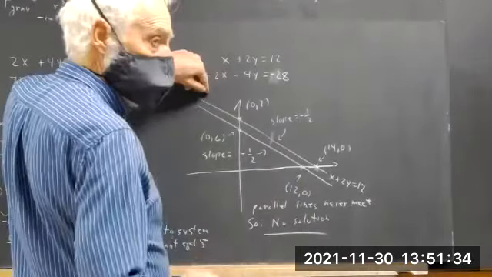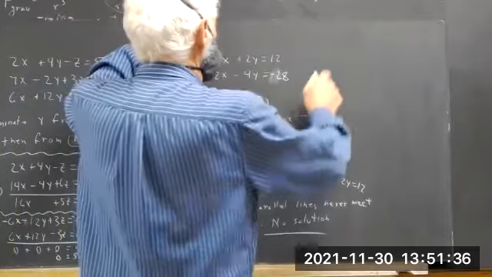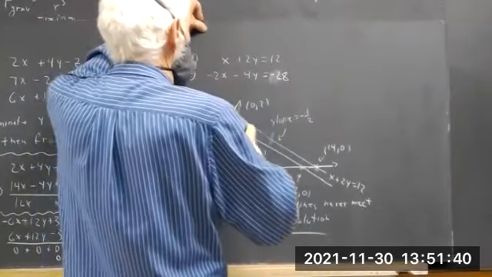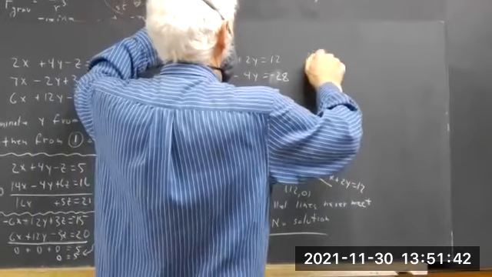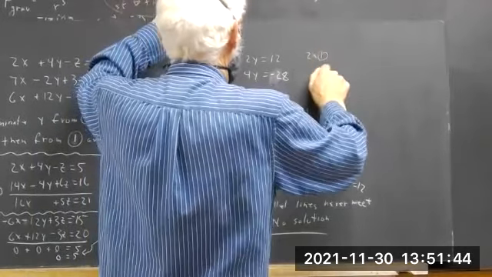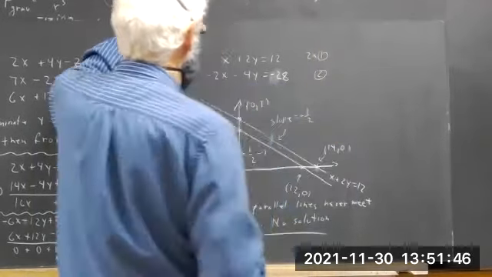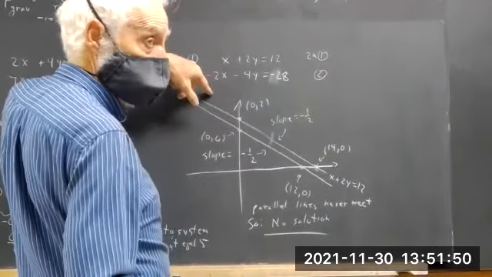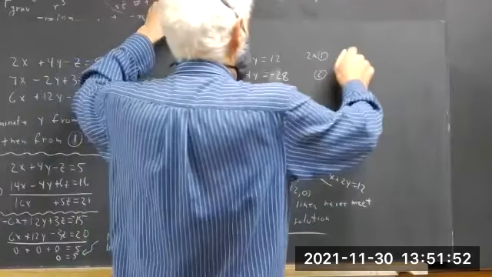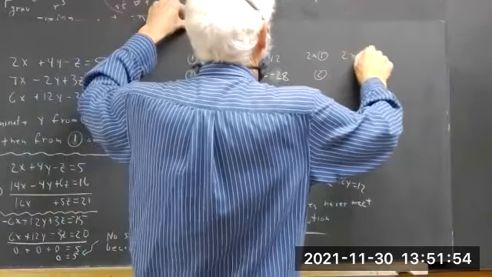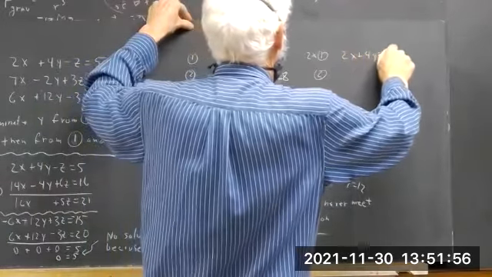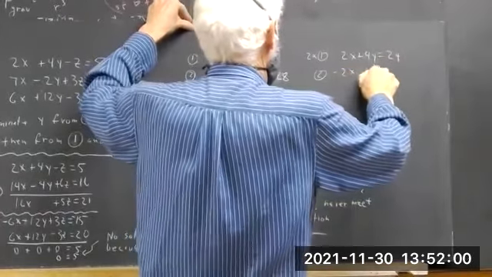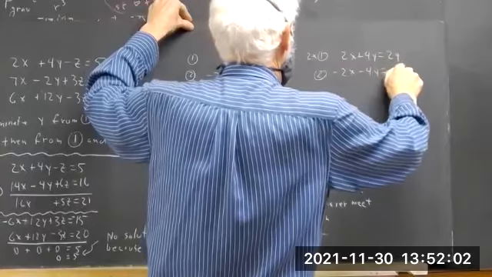If we try to do elimination here, this is equation 1, this is equation 2. We do 2 times equation 1 and equation 2. That'll eliminate x because we'll have a 2x and a negative 2x. This gives us 2x plus 4y equals 24. And negative 2x minus 4y equals negative 28.